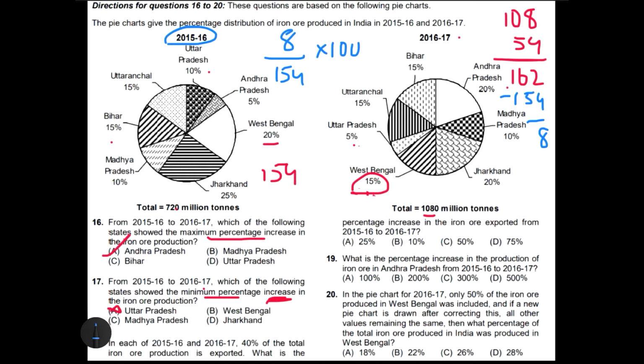Now 154 doesn't come in the table of 8, and this is the point where we will bring in the approximation theorem. We will approximate this value somewhere around 160. If I approximate it to 160, I know the value will become 1 by 20 of 100, which is equivalent to 5%. So it's somewhere less than 5%. I have made the calculation.